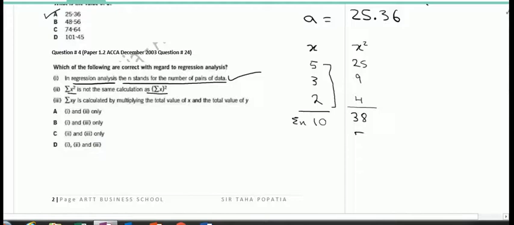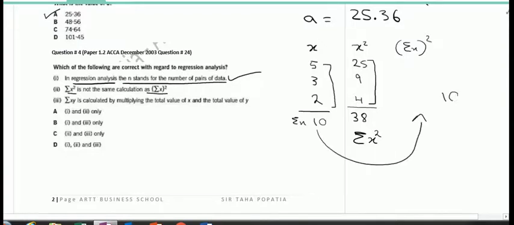This is summation of x square, the sum of all x square terms. And when I say summation of x whole square, this means I have to square this 10, the entire summation. Once I have summed up everything, I square it and this will be 100. So using this example, we can say both statements are correct.